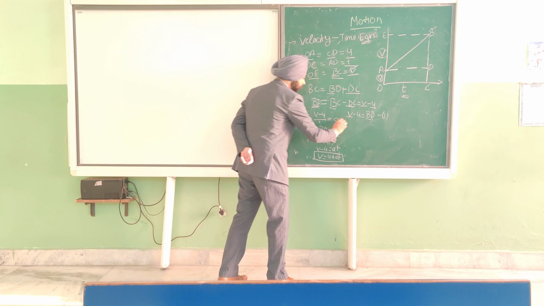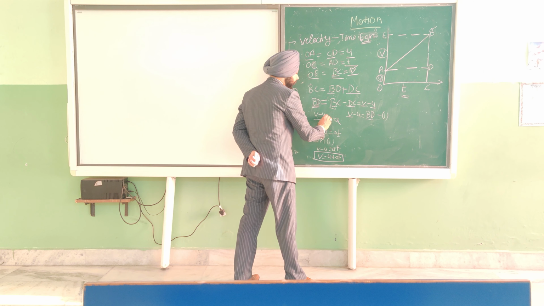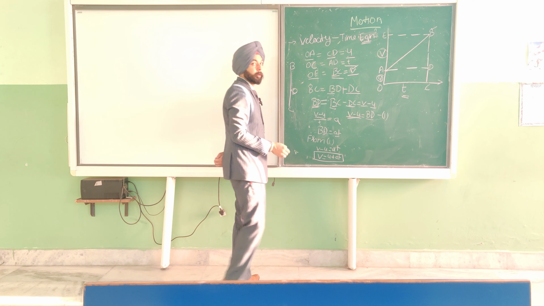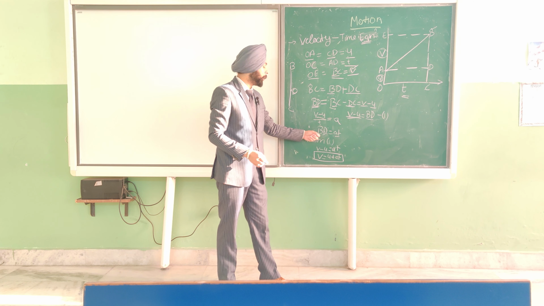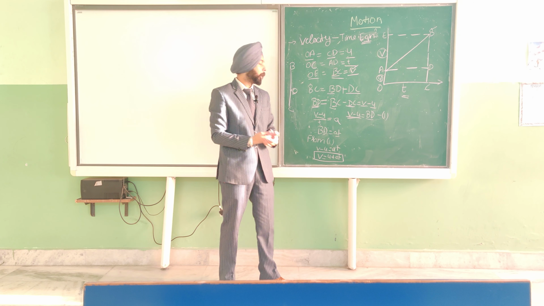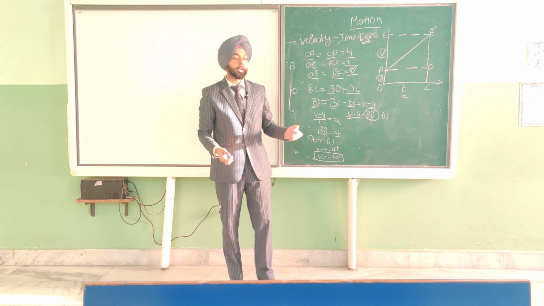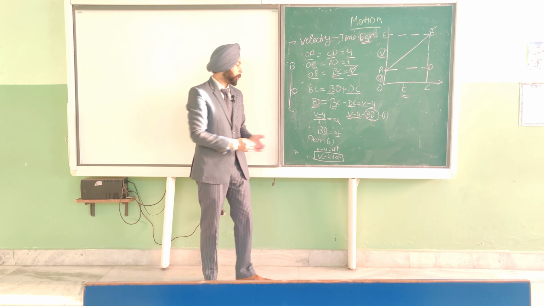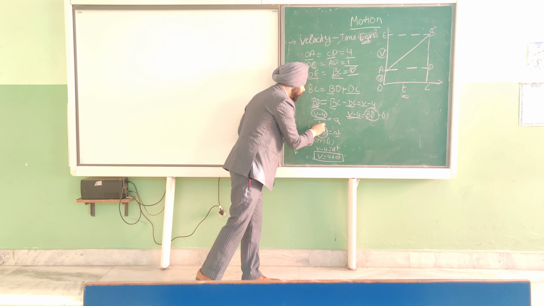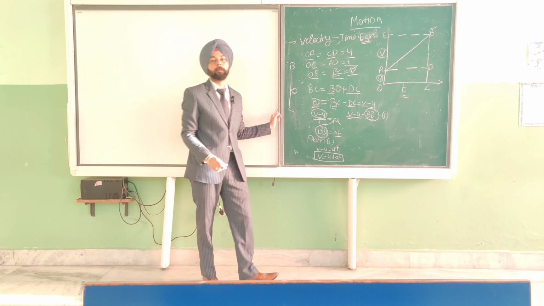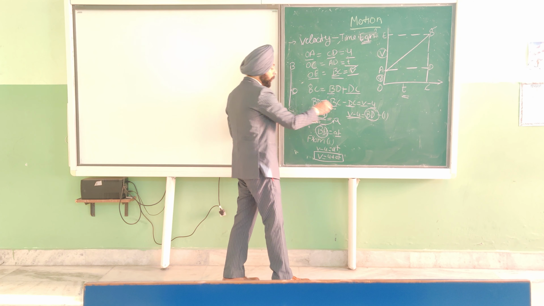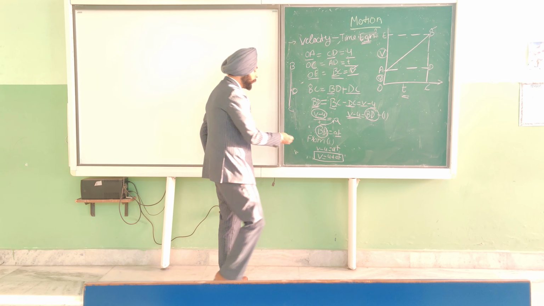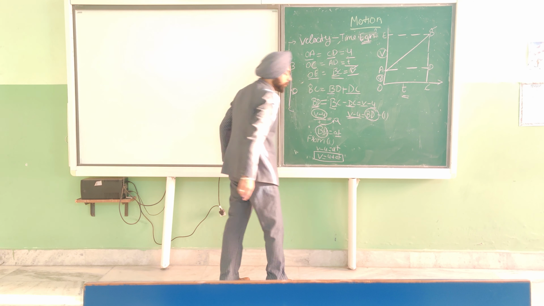Then cross multiply: V minus U is equal to at. From the first equation V minus U is equal to BD, so BD is equal to at. We had to find this value from acceleration. Where BD is equal to at, in place of V minus U I wrote BD, and t cross multiplied gives at. Then from equation number 1, we can put the value of BD in equation number 1.